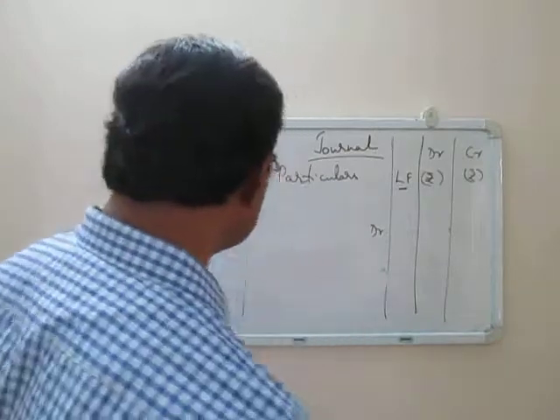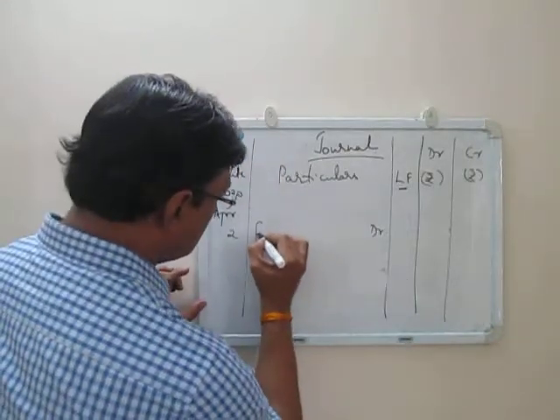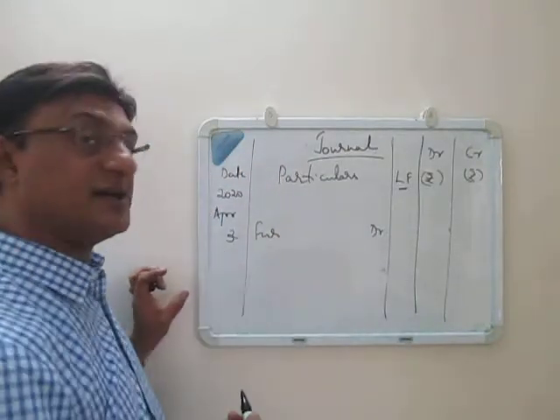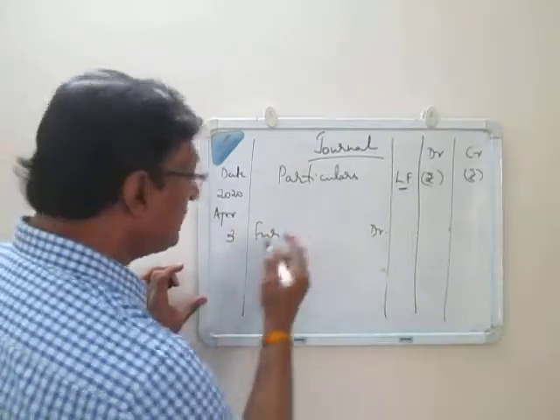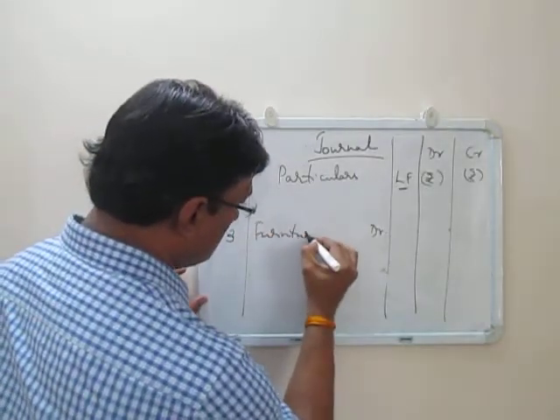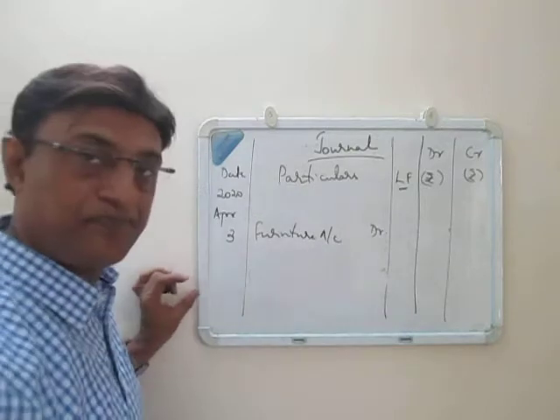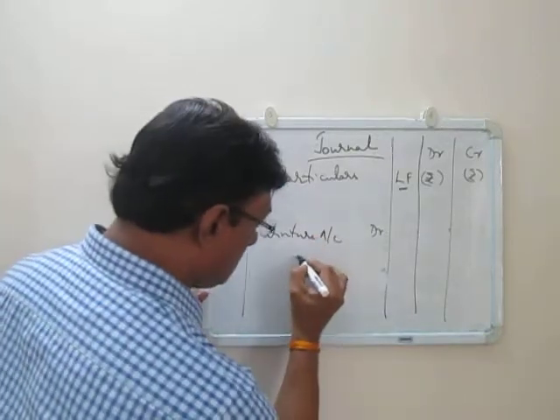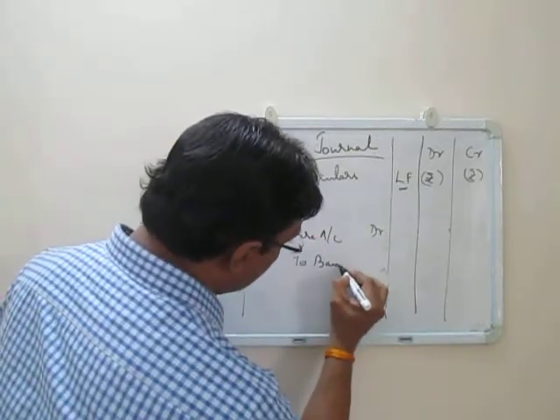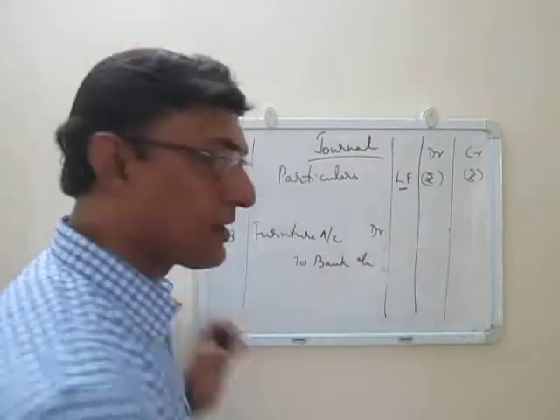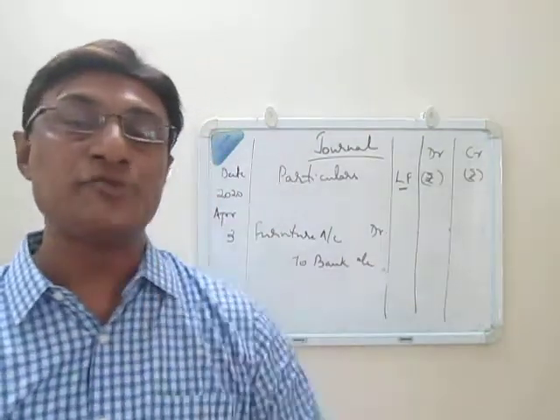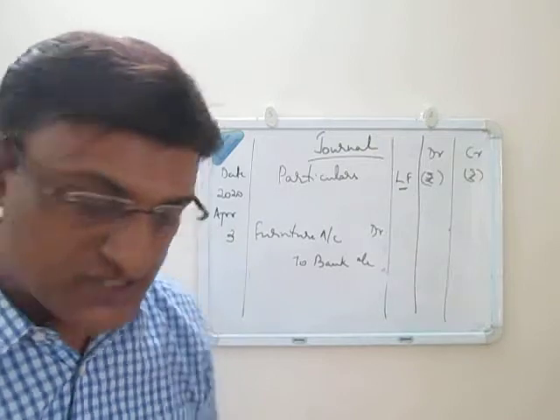So the entry is furniture, and let us say that is the 3rd of April. 3rd, Furniture account Dr. to Bank account, because the payment was made by check and the amount was 40,000.